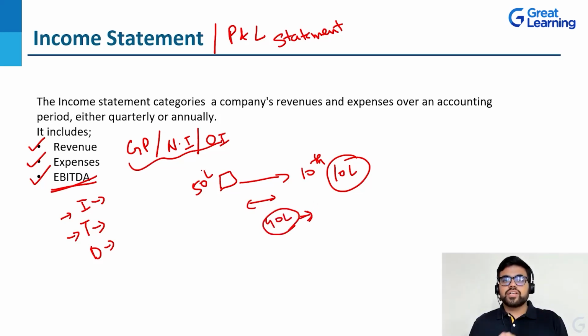The value that has decreased by the use of that asset is called depreciation. Next is amortization. Amortization means paying off your debt in regular, fixed repayments over a course of time. Those payments are called amortization. So this would be in EBITDA.